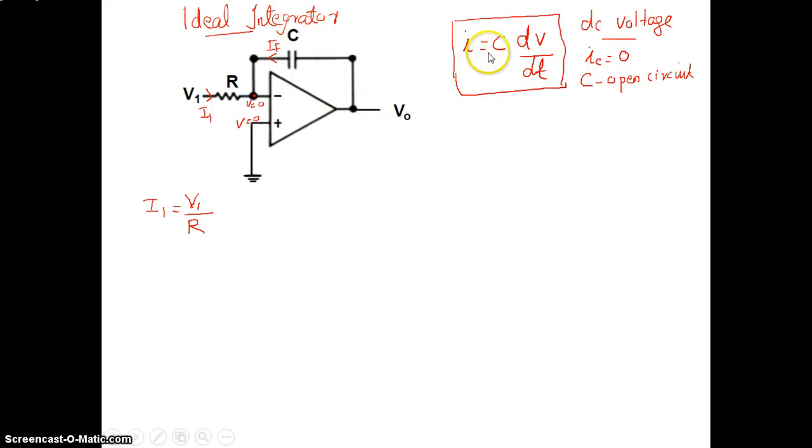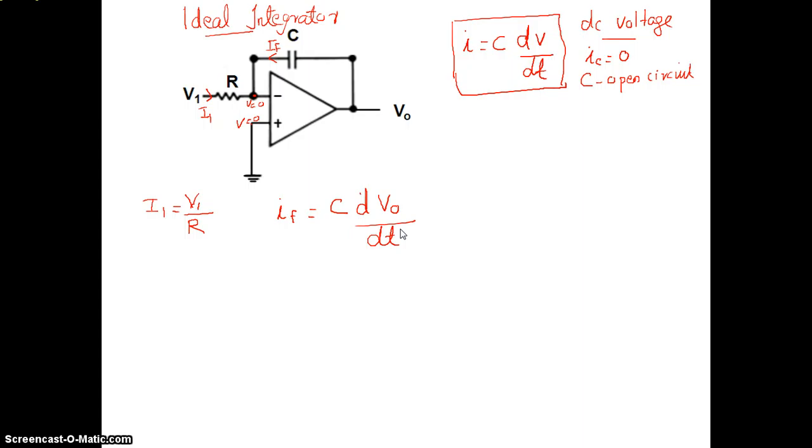Now the current through this capacitor, that is IF, I can write from this relation as IF is equal to C times the voltage, which is the output voltage Vout minus V0, so C dVO divided by dt. That is the current IF.